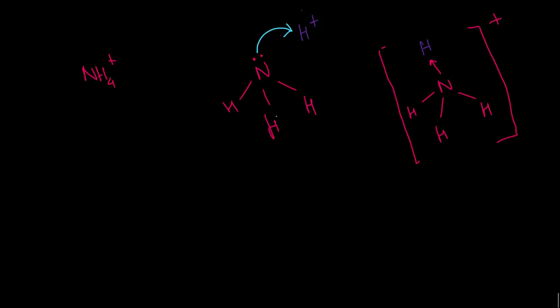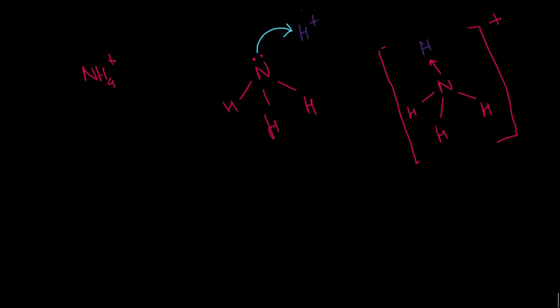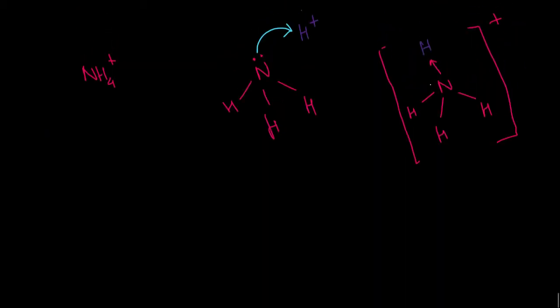So anyway, we're done with that. Now let's look at this. We need to remember that charges do not contribute anything to bond angles. So it has a charge, I don't care. To figure out the bond angle, I wouldn't think about the charge. What you're going to do is concentrate on the number of lone pairs and bond pairs. So this is a dative covalent bond, right?